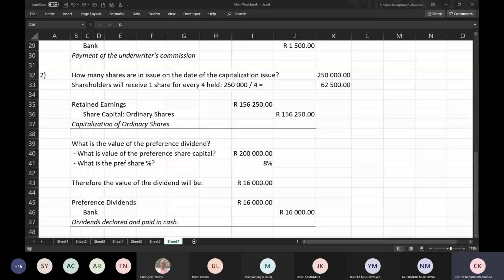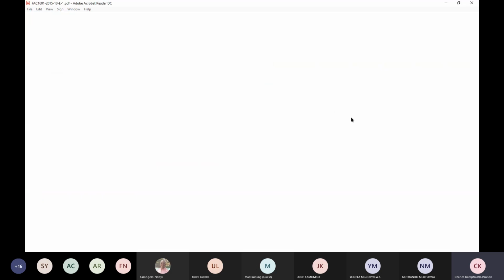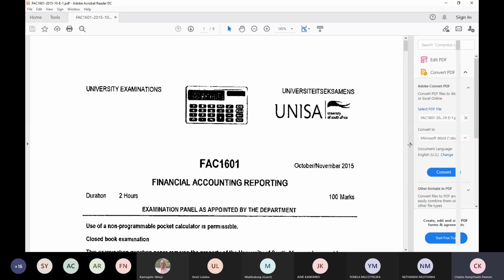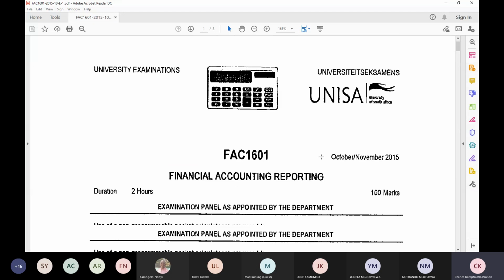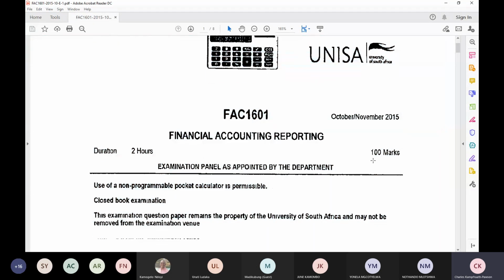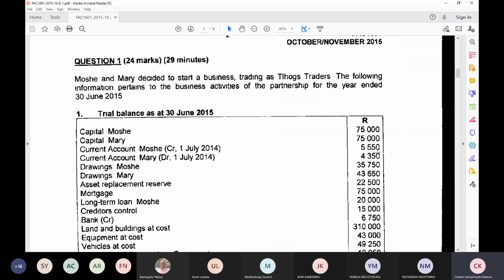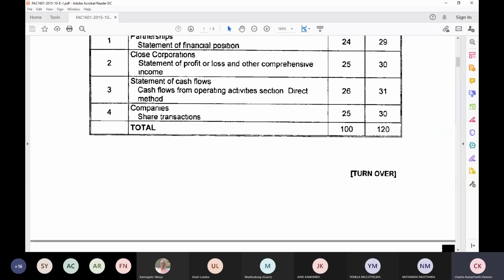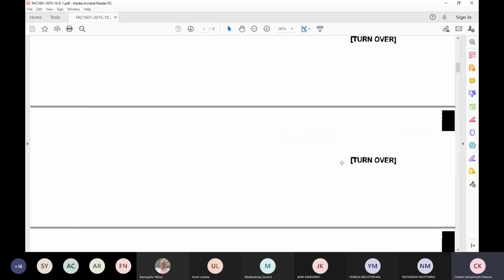I think you guys do have an idea what question I'm going to be doing. Open it. So it's FAC1601's question paper for October, November 2015. Let's please go down to question number 5, which is companies and share transaction.